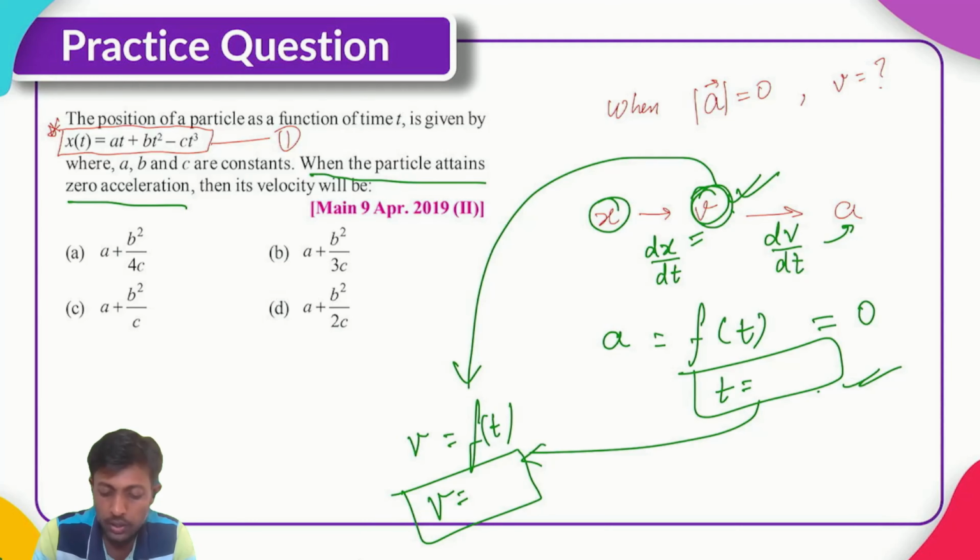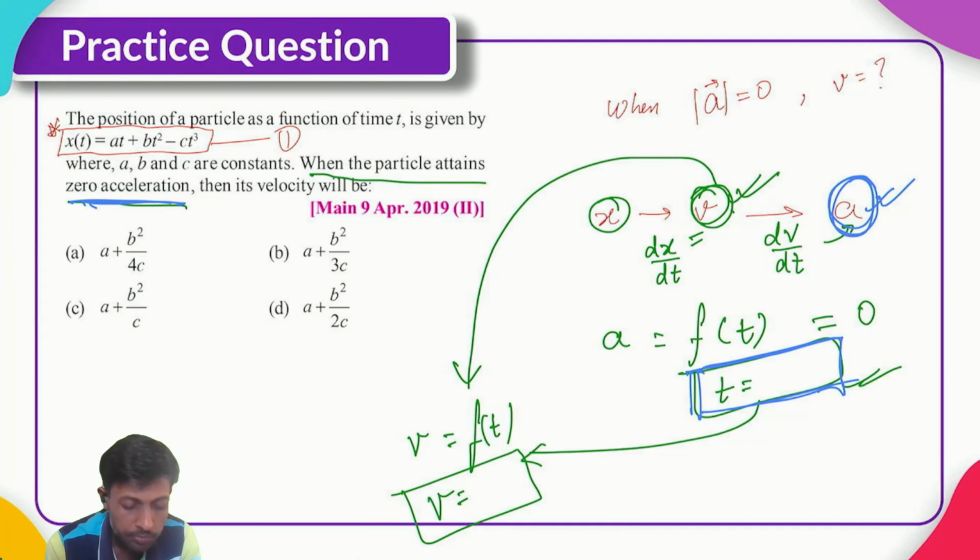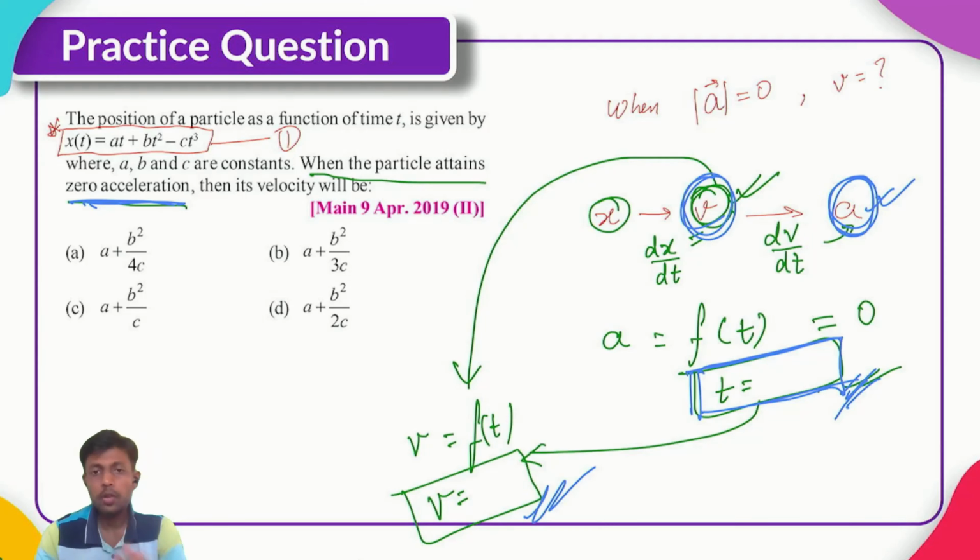Then we'll find out the expression for acceleration. The expression for acceleration is going to help us find that time at which acceleration is 0, because we'll need that. Once we have this time, we can find out at this time how much was the velocity using the expression for velocity. Okay, so this is the broad process.